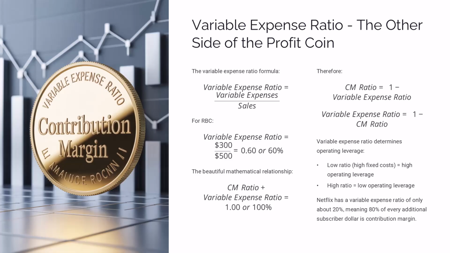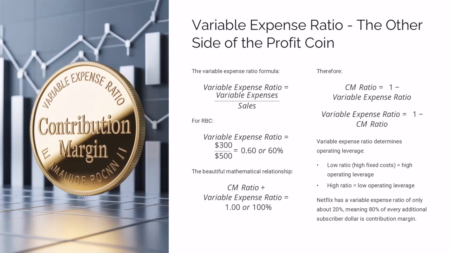And here's the beautiful mathematical relationship that will save you so much time on exams. CM ratio plus variable expense ratio equals 1.00 or 100%. So if you know one, you automatically know the other, which means CM ratio equals 1 minus variable expense ratio and vice versa.